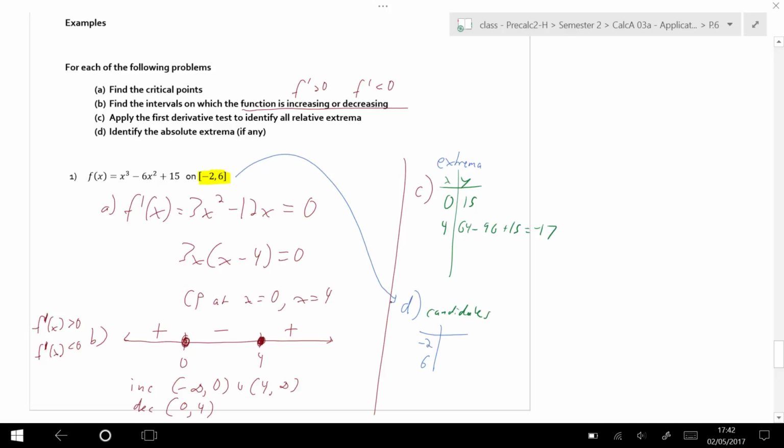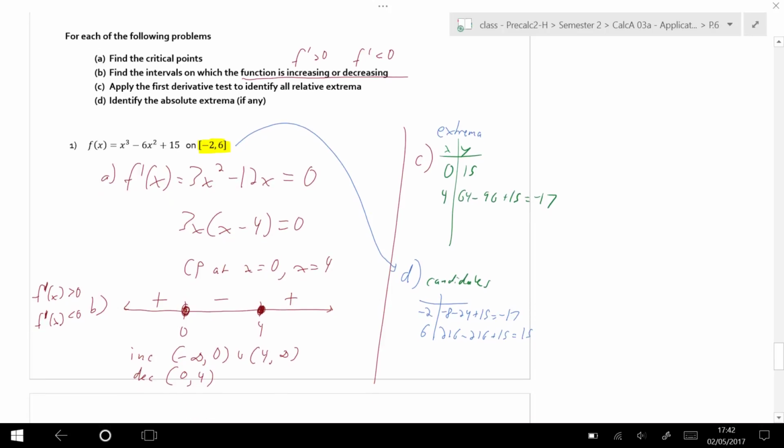If I plug in -2, I get -2 to the third plus minus 6 times 2 squared, so minus 24, and then plus 15. So I get -17. And if I plug in 6, I get 216 minus 216 plus 15, which is 15. Now that I've done all that, I can identify the smallest number I get out of all this, which is -17.